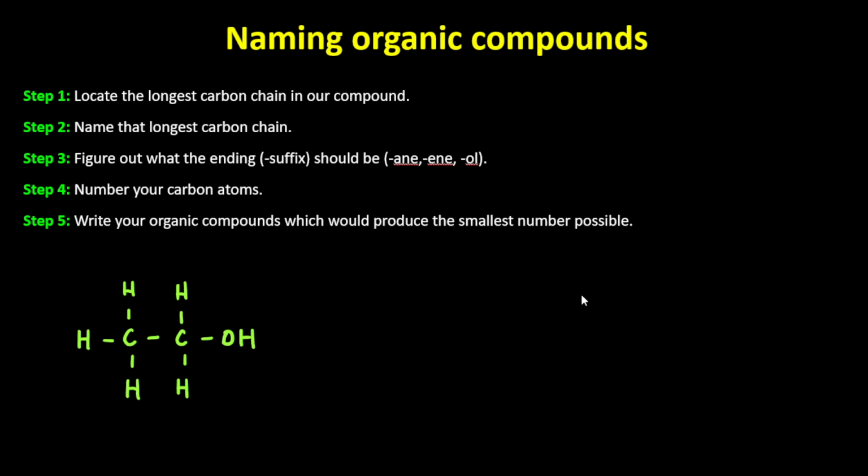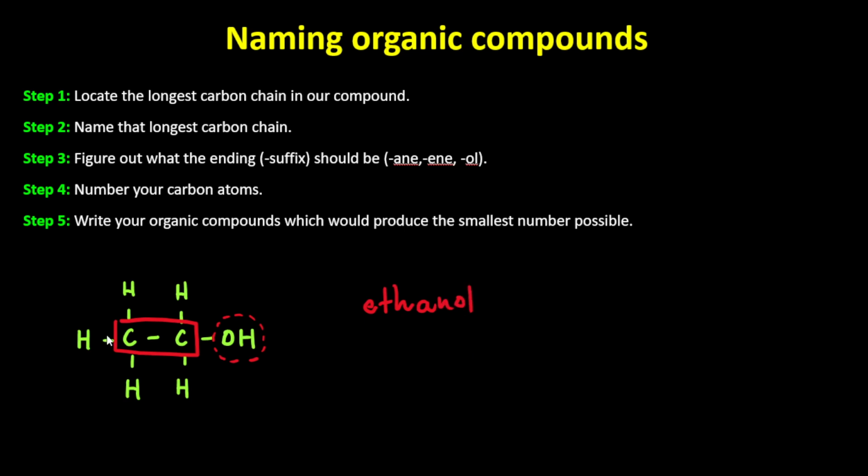Alright, let's try to do this, okay? We now have identified our longest chain, which is only 2, right? Since it's only 2, it's going to be eth. And we know that we have an OH group attached to it, so it's going to end with "ol", so your name is simply going to be ethanol.